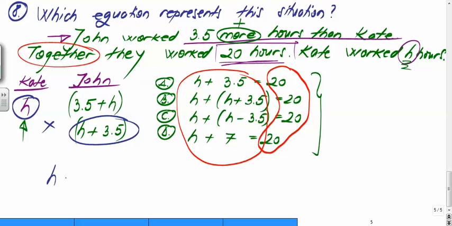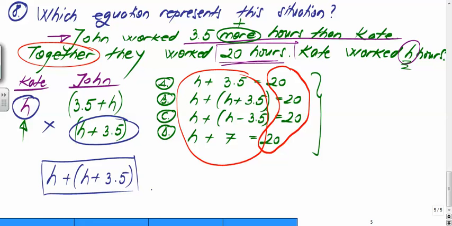So it will be h, the number of hours that Kate worked, plus the number of hours John worked, which is h plus 3.5. And this is the number of hours that they worked together, and I know for sure that that equals 20. Okay?